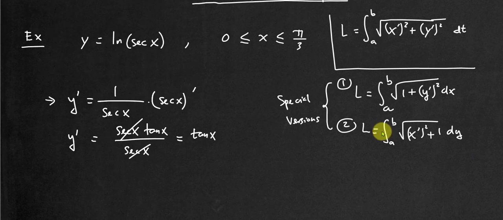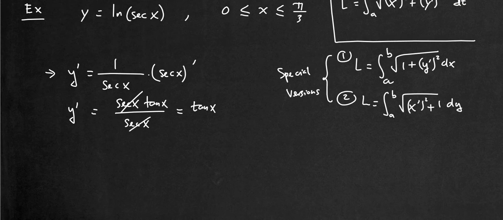And we just use the special formula we have here on the right side. So I have L equals the integral from A to B. A in this case is 0, and B in this case is pi over 3.